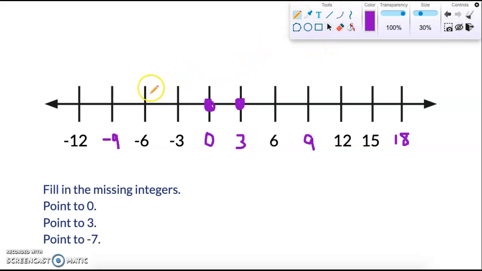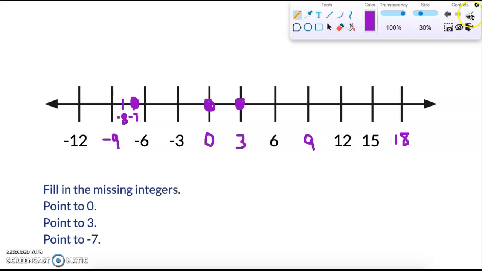I know negative 7 is in between negative 6 and negative 9, but negative 8 is in here too. So this one is going to be negative 7. This would be negative 8. All right, so we need to split 2 numbers in there, split it into thirds. And negative 7 is going to be closer to the negative 6 than it is to the negative 9. If you ever get stuck, you can draw out a full number line, and that will help you.